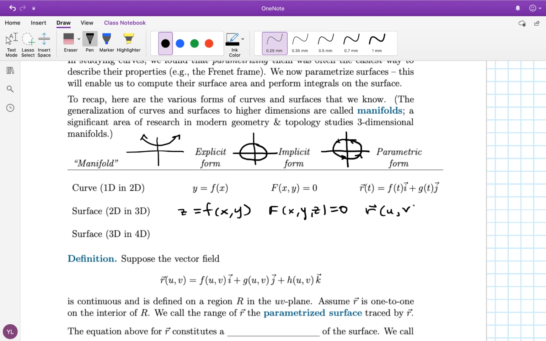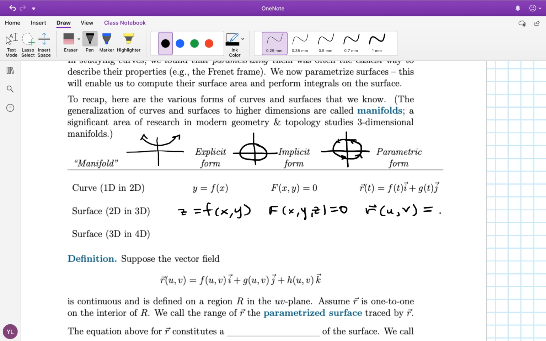So to represent a 2-dimensional object, you're going to need 2 parameters, kind of like representing a 1-dimensional curve requires 1 parameter. So this is our sort of last alternative to these 2 expressions to represent a 2D surface in 3 dimensions. Okay, so how will this look?